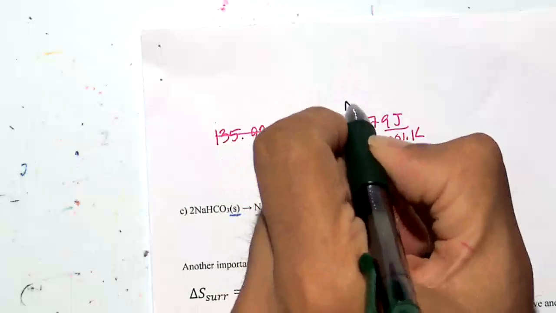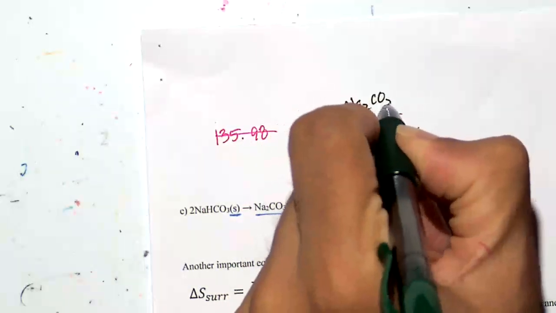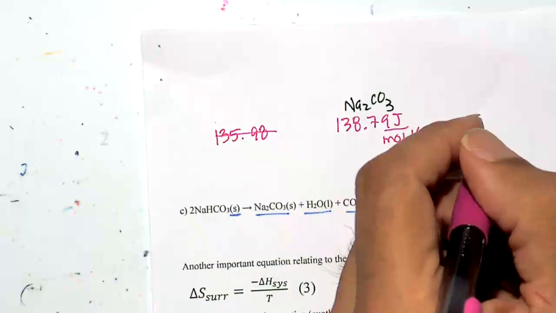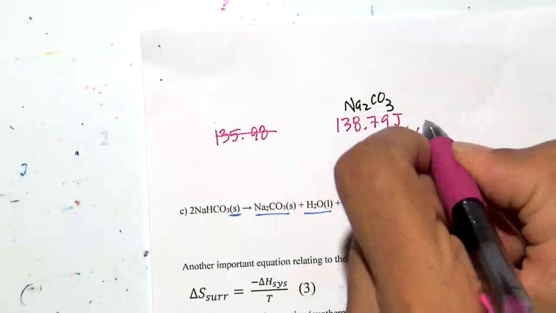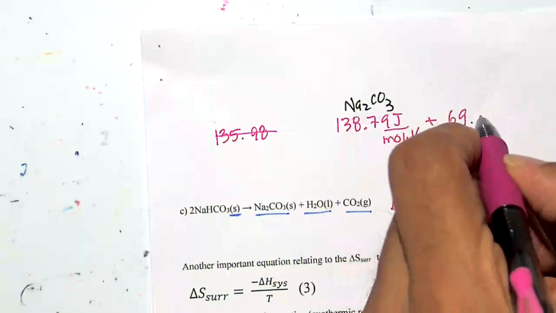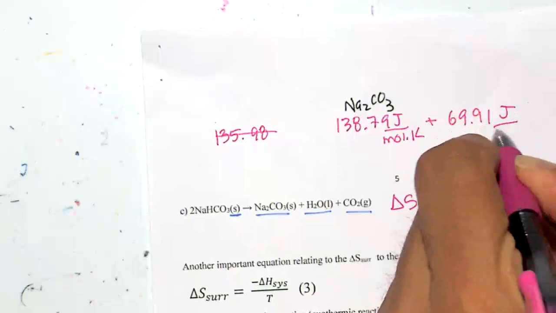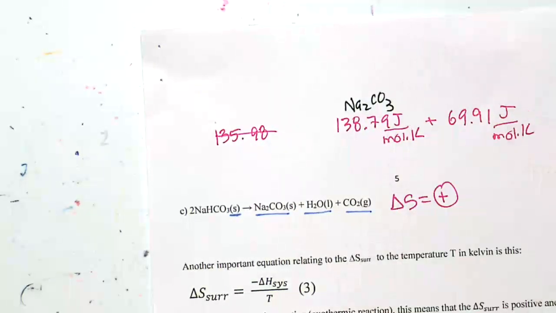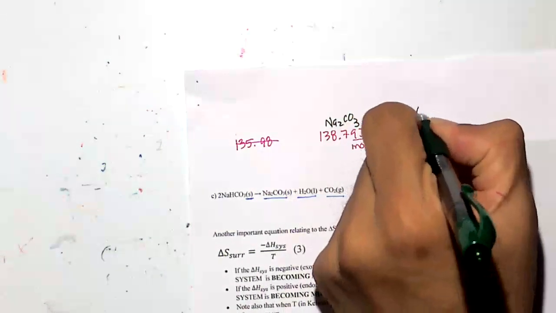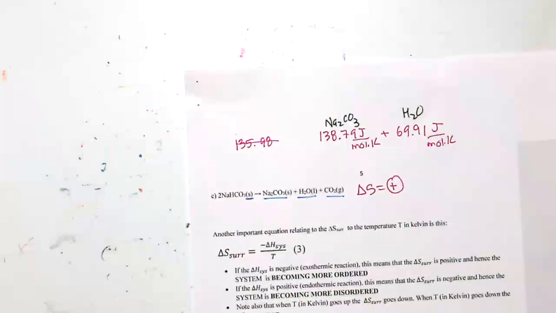Okay, so we will multiply that by 1. Okay, and H2O liquid, 69.91. Okay, this is for H2O. Okay, sum of the products minus sum of the reactants.